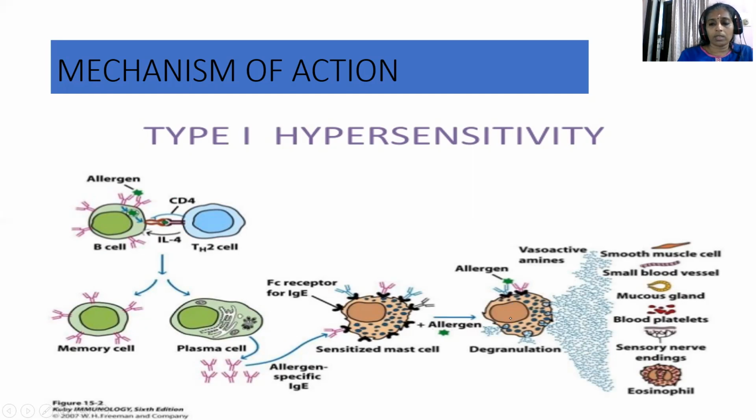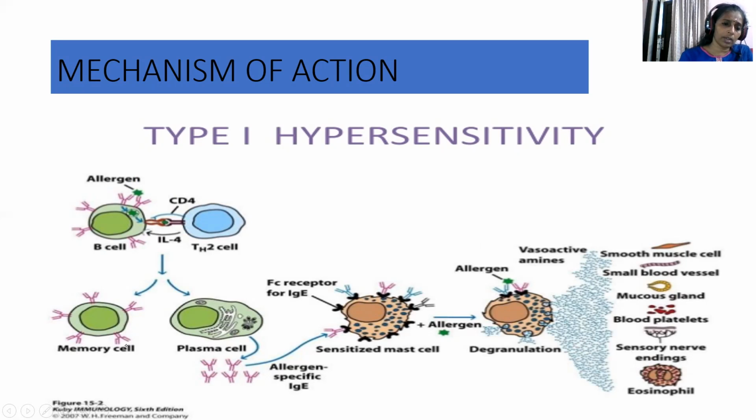Due to degranulation, there will be a large production of vasoactive amines that result in smooth muscle contraction and blood vessel changes. These vasoactive amines act on smooth muscles, small blood vessels, mucous glands, blood platelets, sensory nerve endings, eosinophils, etc. And they produce some chemical or immunological reactions inside these cells.